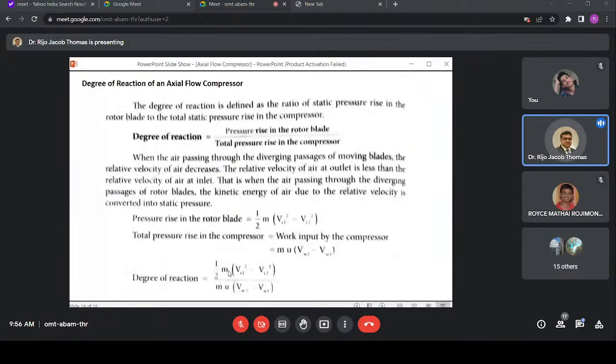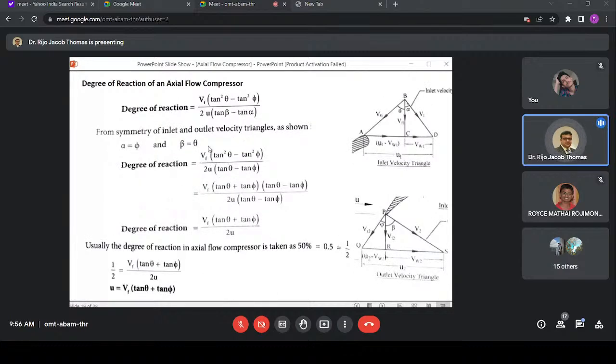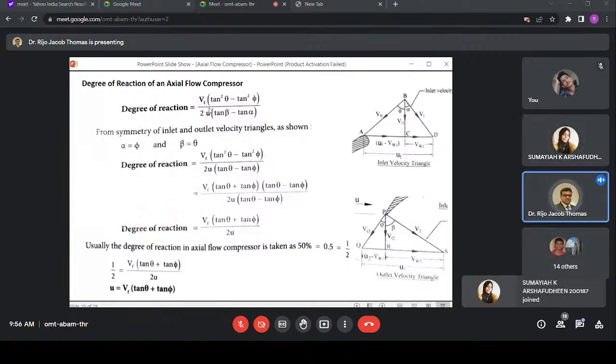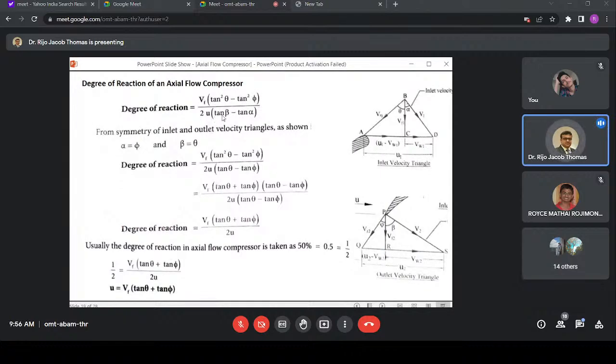I can give you a derivation for this after the class. It can be further simplified, and you can write it as Vf into (tan squared theta minus tan squared phi) divided by 2U (tan beta minus tan alpha). And if you take the symmetry of the inlet and outlet triangles as we have taken earlier, alpha is equal to phi and beta is equal to theta, and it can be further simplified and written as Vf into (tan theta plus tan phi) divided by 2U.